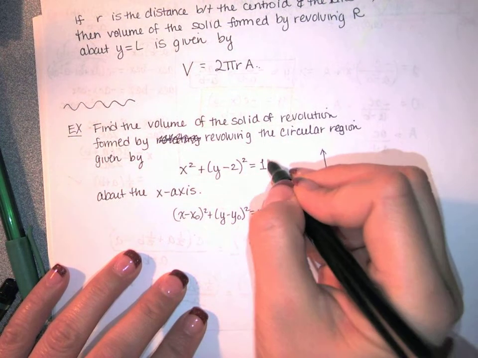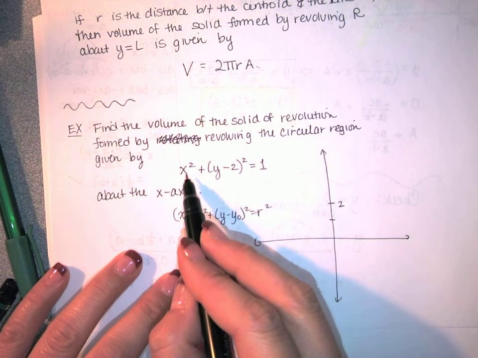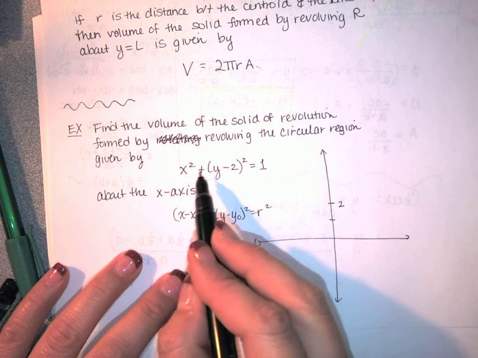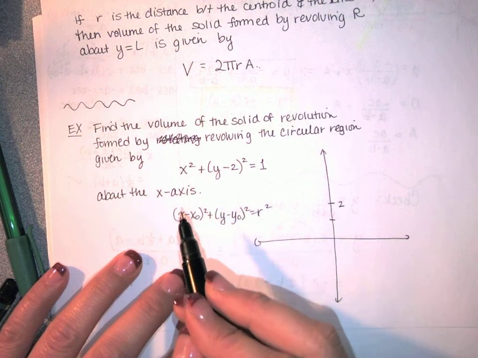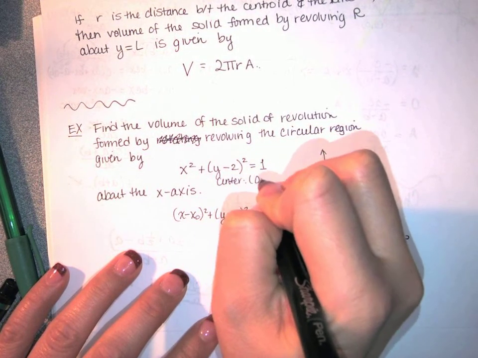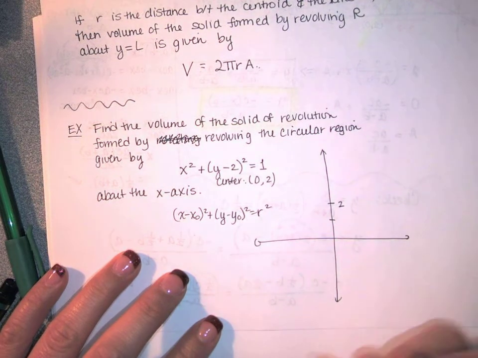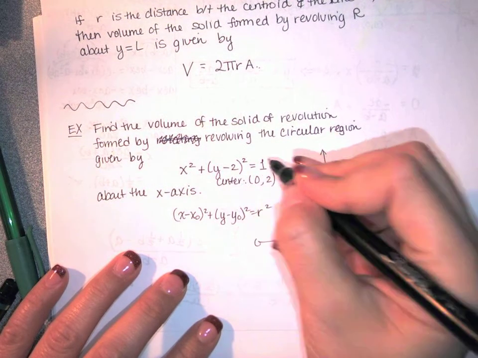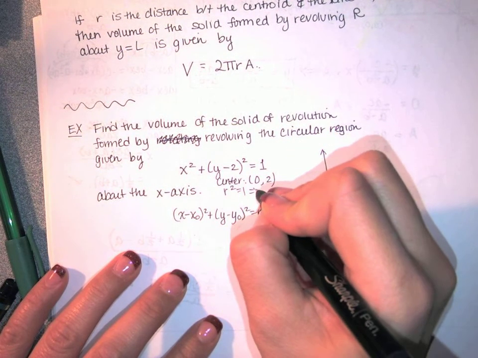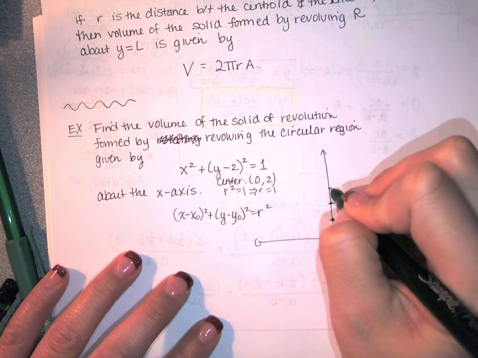And the radius is 1. Because I'm just reading that 0 and that 2 off from here. Whatever I'm subtracting from the x, that's our x naught. Whatever I'm subtracting from the y, that's the y naught. If you see a minus 2, it's a plus 2. So that's our center. If r squared is 1, then r equals 1. So we're going to go plus and minus 1 unit in all directions.